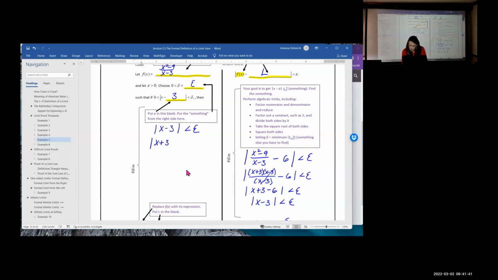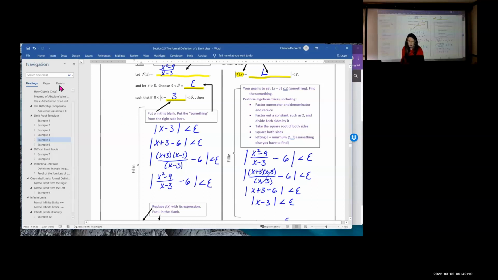So we have |x plus 3 minus 6| less than epsilon, which is the same as |(x plus 3)(x minus 3) over x minus 3 minus 6| less than epsilon, which is the same as |x squared minus 9 over x minus 3 minus 6| less than epsilon.